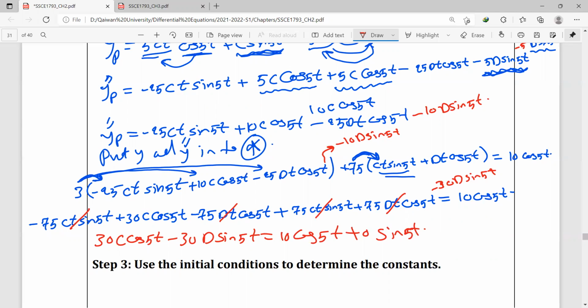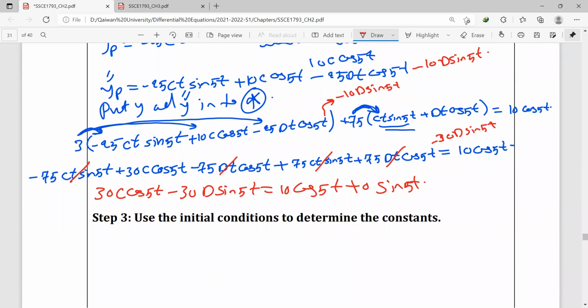That's it. Now we equal the coefficients to each other. That means 30c from this. We say 30c equals 10. And so C is 1/3. And minus 30D equals 0. So D is 0. That means the particular solution YP equals what?